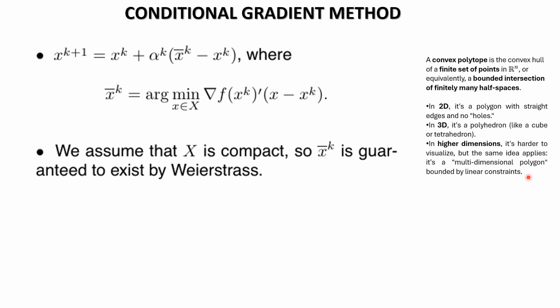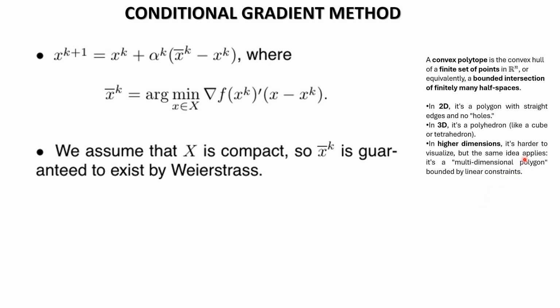And here I just placed a little reminder for my students about the convex polytope, just the definition of this in different cases. A convex polytope is a convex hull of a finite set of points in R^n, or equivalently, a bounded intersection of finitely many half-spaces.